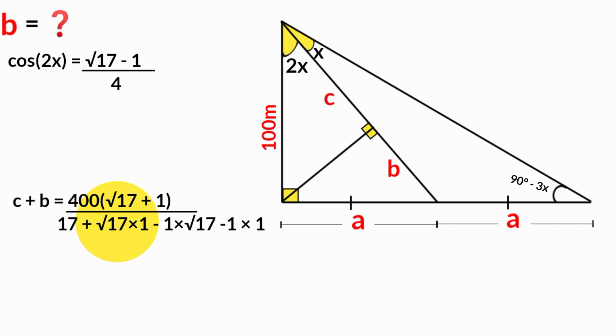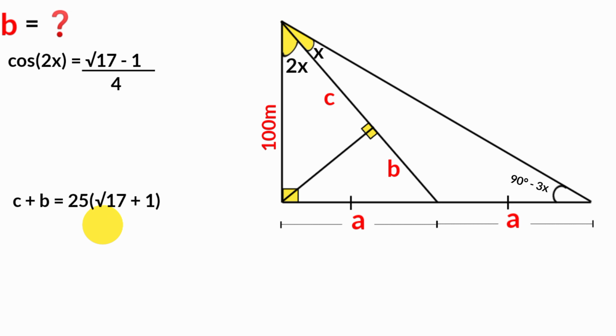Square root of 17 times 1 is square root of 17. Minus 1 times square root of 17 is minus square root of 17. Square root of 17 minus square root of 17 is 0. Minus 1 times plus 1 is minus 1. 17 minus 1 is 16. This 400 divided by this 16 is 25. So c plus b equal to 25 open bracket square root of 17 plus 1.